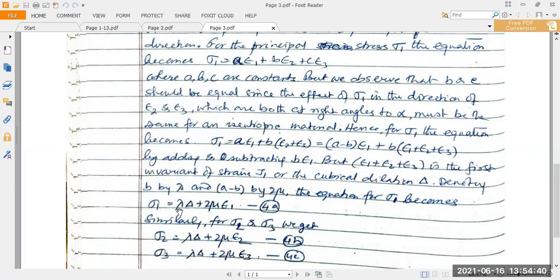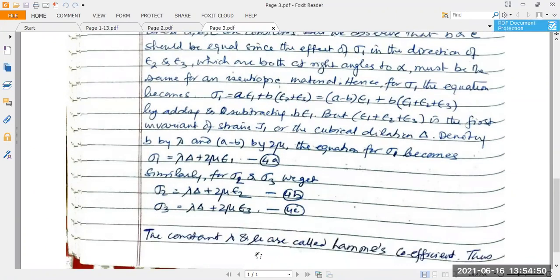So we have 3 equations, and the unknowns are only lambda and mu. These are the Lamé coefficients. We have 3 equations with 2 unknowns. It's not Poisson's ratio, but the Lamé coefficient itself.